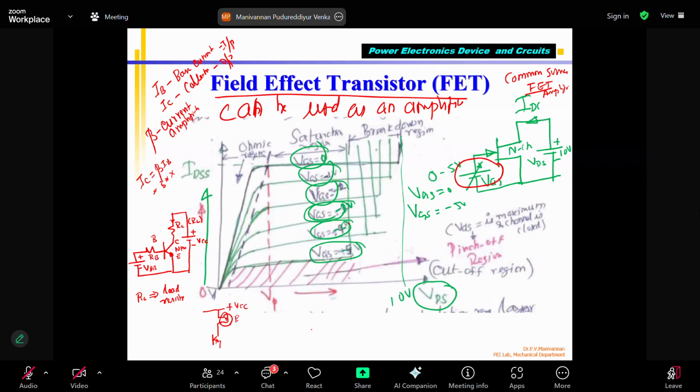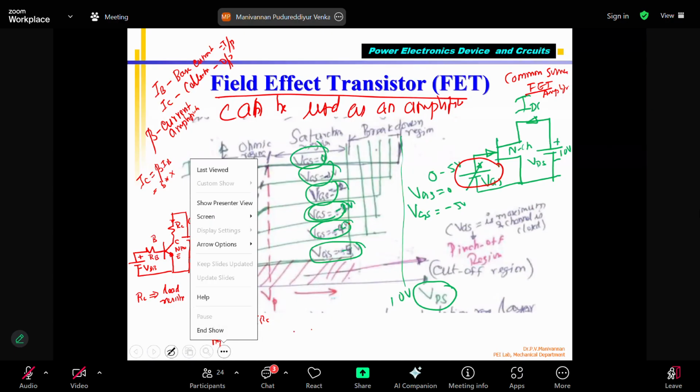So this is my bulb. The bulb has resistance, so that is nothing but your RC. Now the current from this will flow through IC.